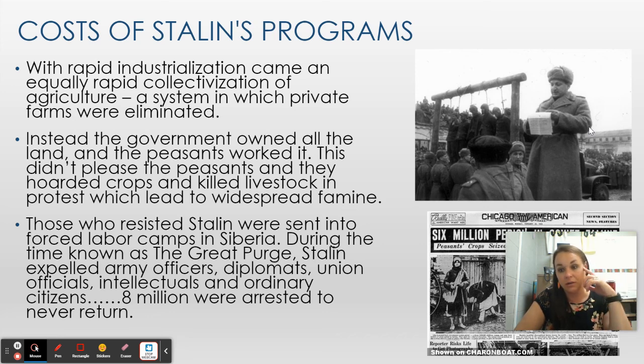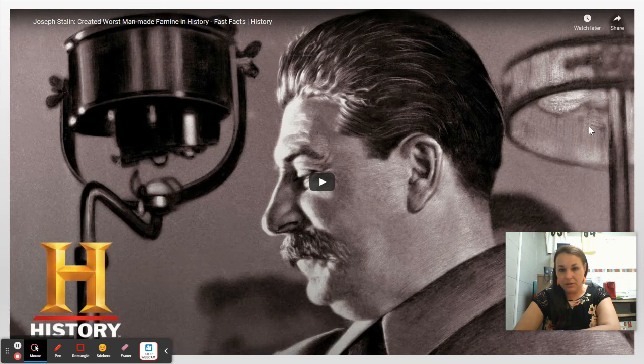So that separates him obviously from Mussolini and Hitler. Lenin had already gotten the Bolsheviks in power, and Stalin was able to ride off of those coattails and then build his own platform on the bodies of everybody that he deemed, again, a threat. So, all right, this is a video about Stalin.